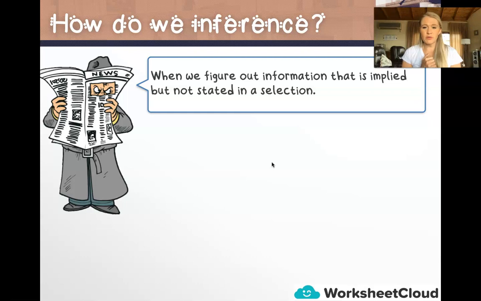For example, if I say to you, what color shirt am I wearing today? The answer is quite obvious because it's white, because you can see it. But if I say to you, based on my clothing, what do you think the weather is today where I am in the country?